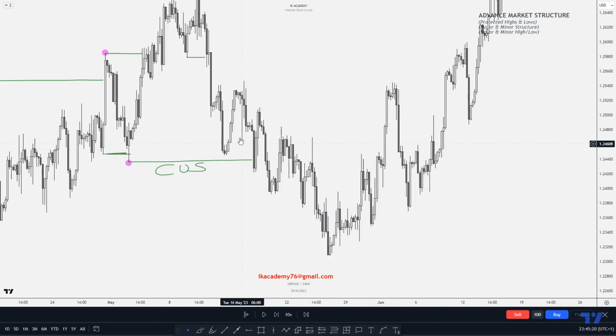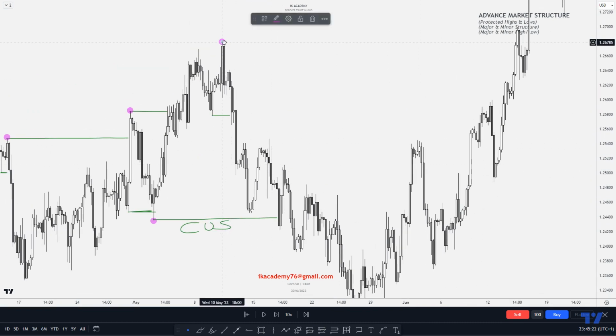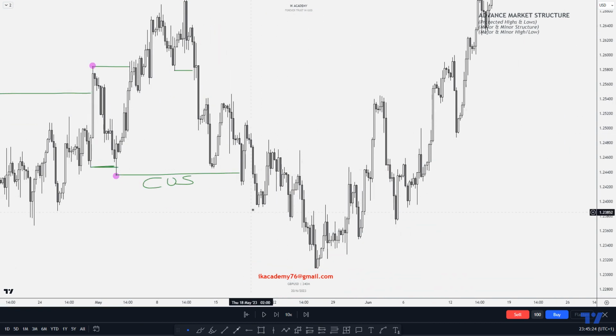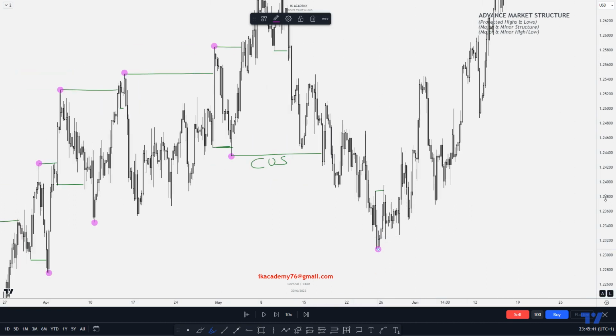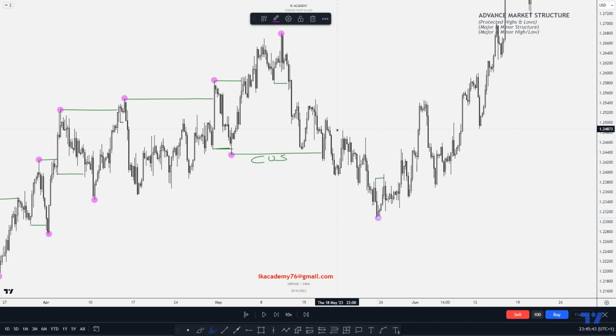We need to confirm. So this is our confirmed high. So we need to get our confirmed low by waiting for price to take out our inducement. And price did not take out any inducement until this point. So you can pause the video and look at it very well. So this is our valid and confirmed lower low, major low, bearish low.